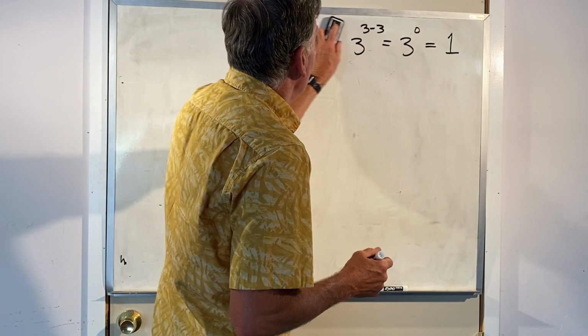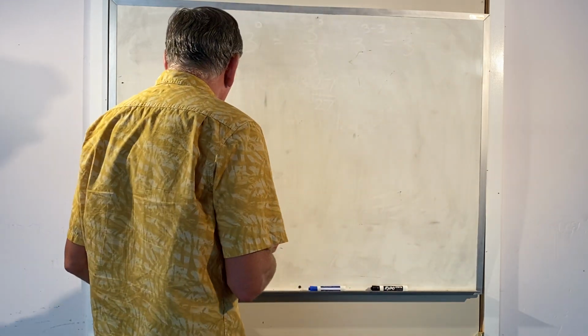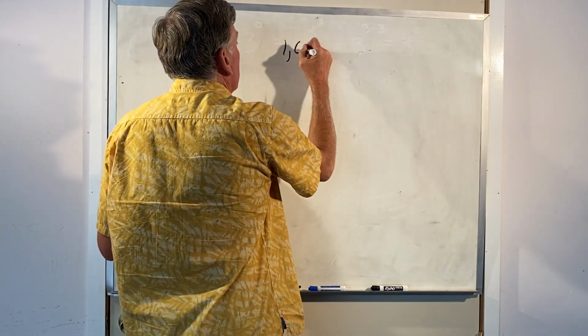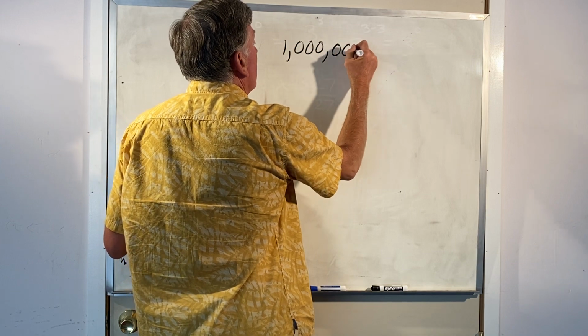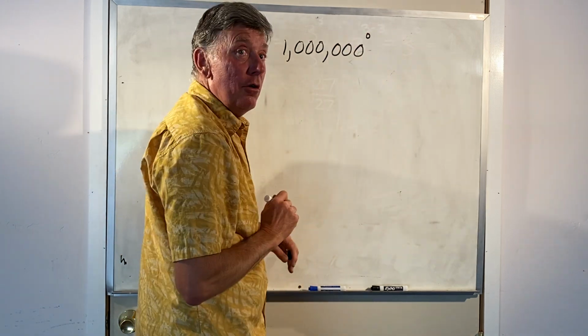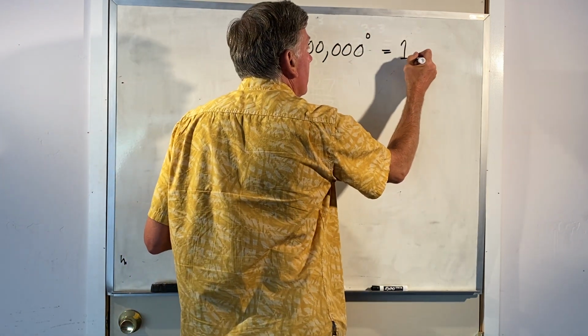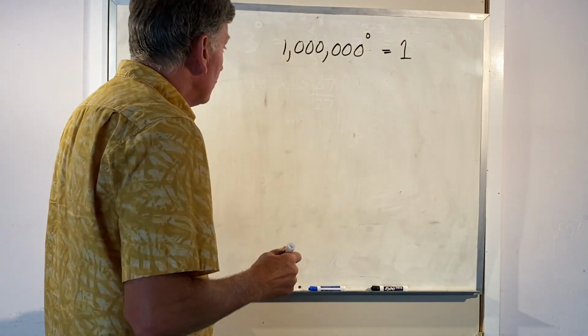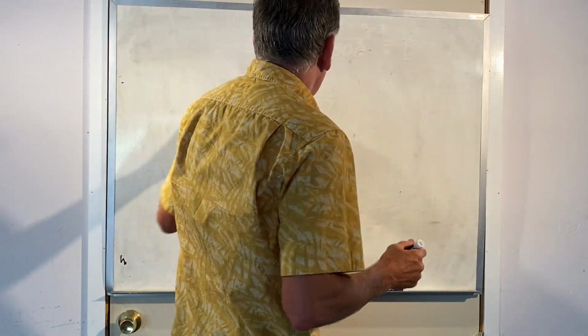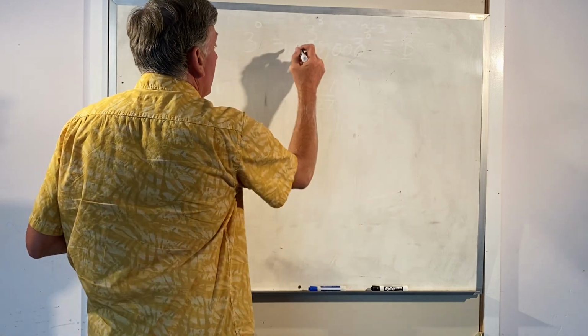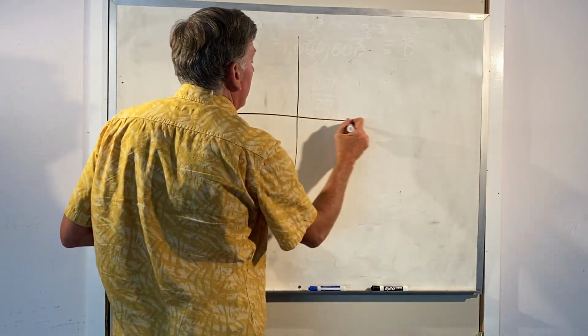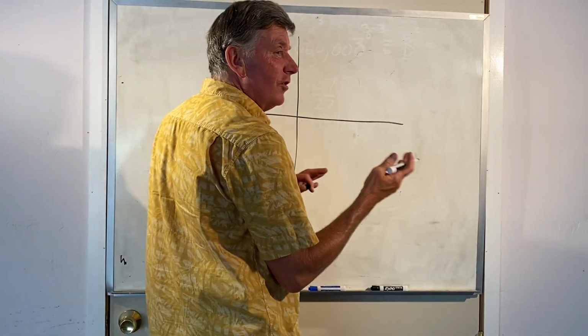If you have 1,000,000 to the 0 power, it's equal to 1. And you're going to see this in your exponential curve, that it doesn't matter what your base is.